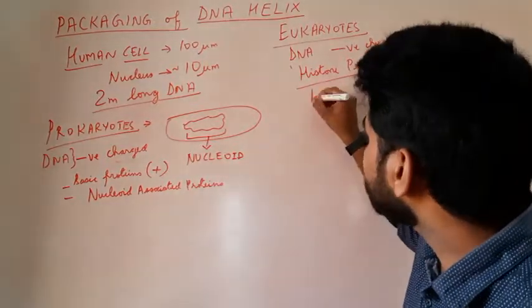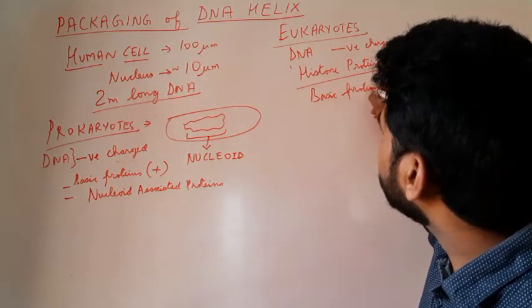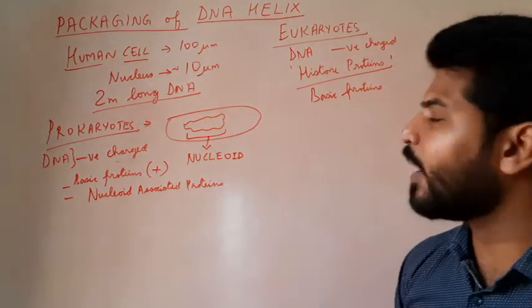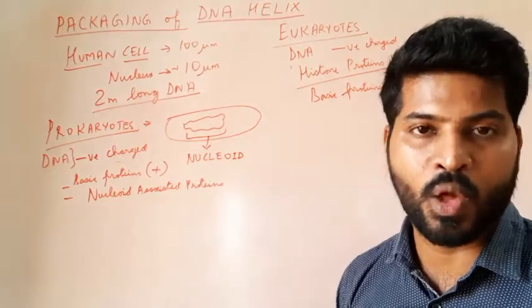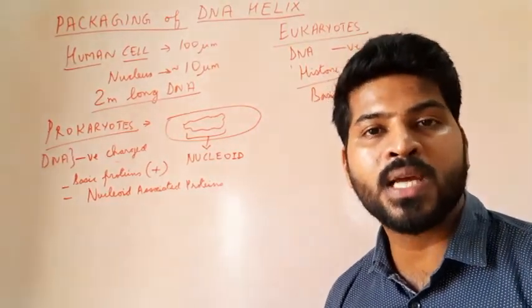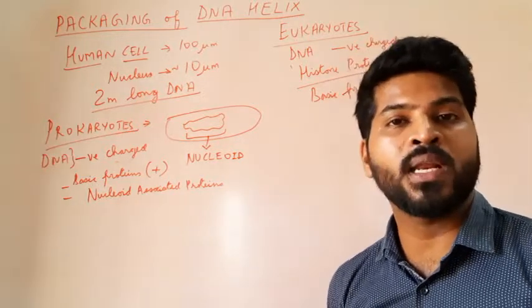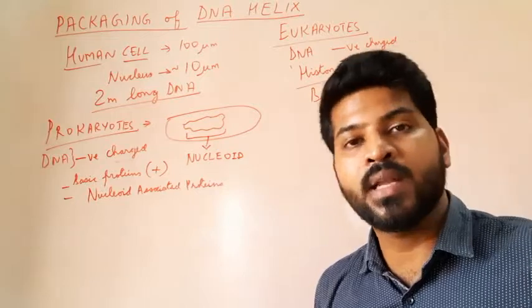These histone proteins are basic in nature, and we know that proteins are made up of amino acids. Whatever be the charge of the amino acids, that would be the total charge on the protein. If a protein contains more acidic amino acids, it will be negatively charged.